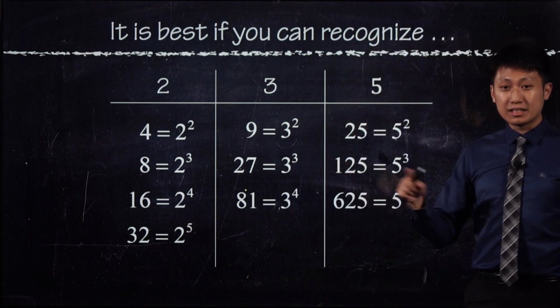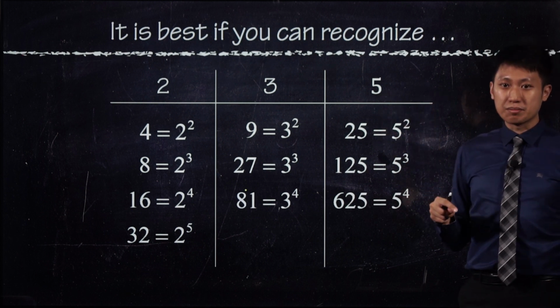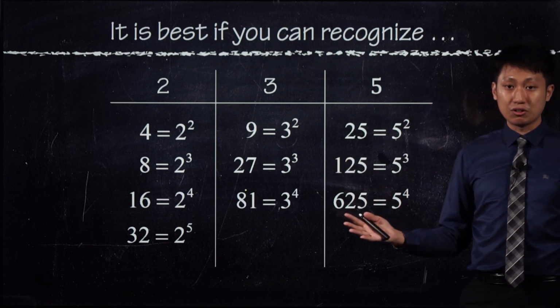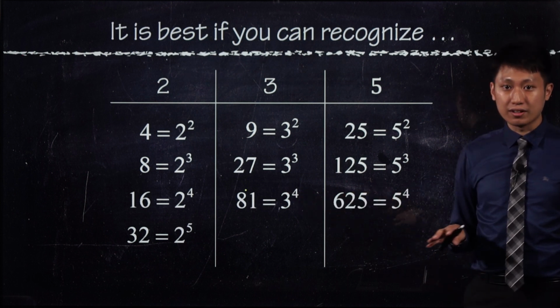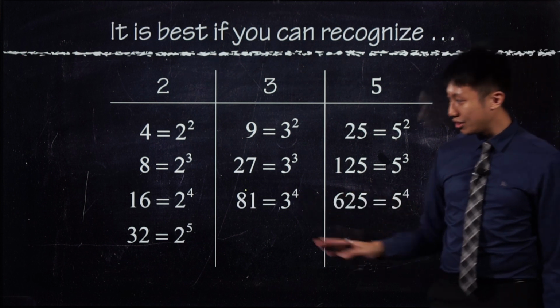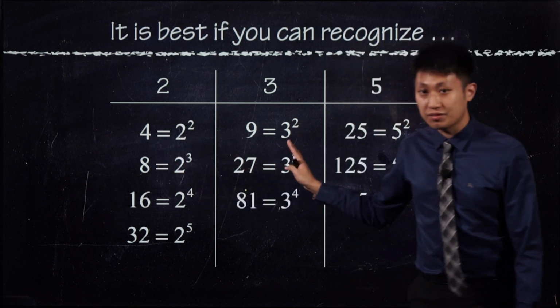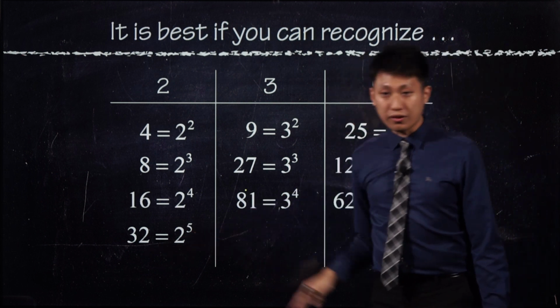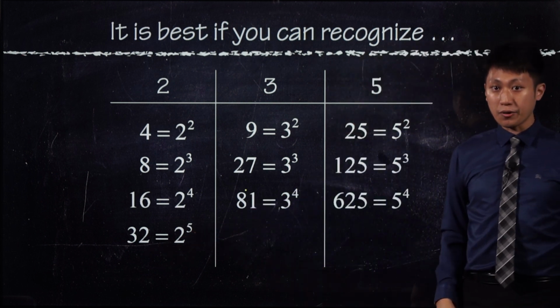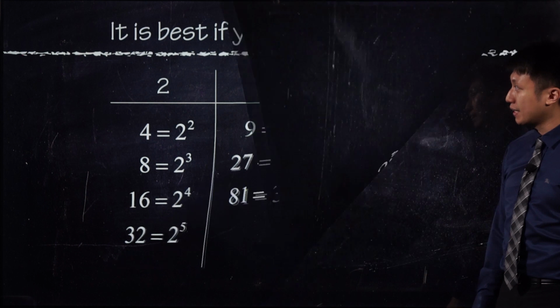I think 7 to the power 3 is a bit difficult already. You just need to know 49 is 7 squared. Other than that, these are all the things you might need to know. You want to know some more than others, like 64 is 2 to the power 6. Next, let's see.